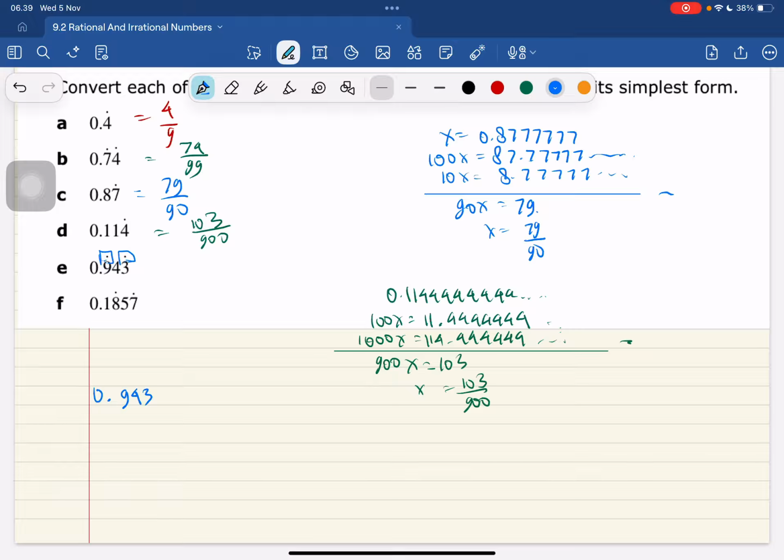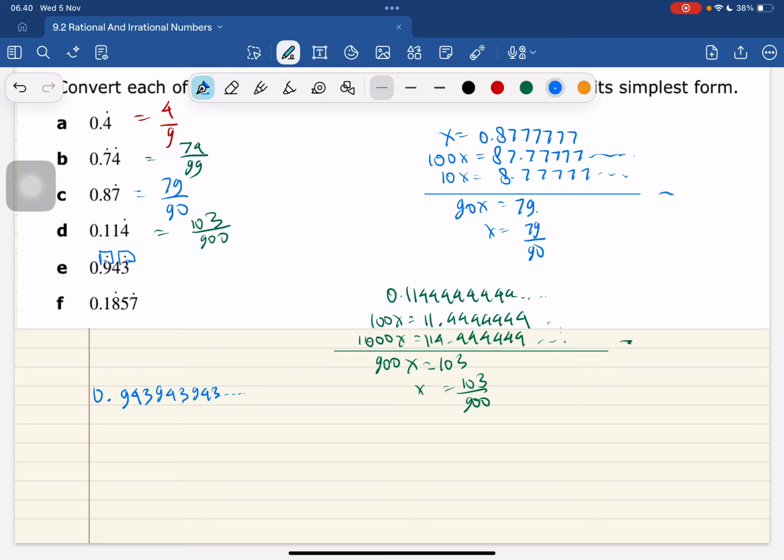So we can write it like 9, 4, 3, and then again 9, 4, 3, and then again 9, 4, 3, unlimited.